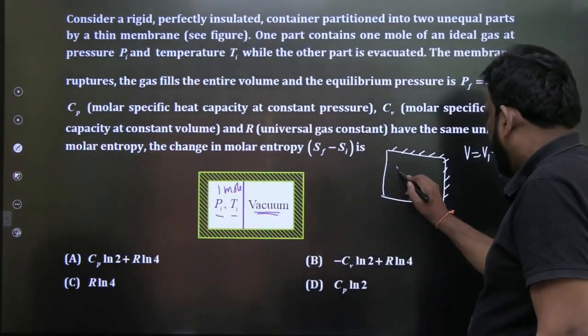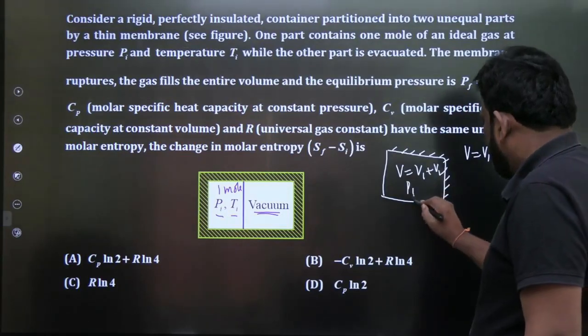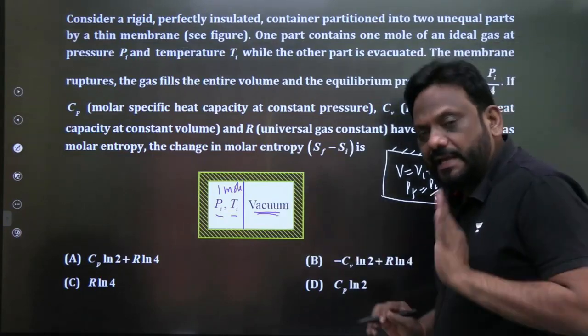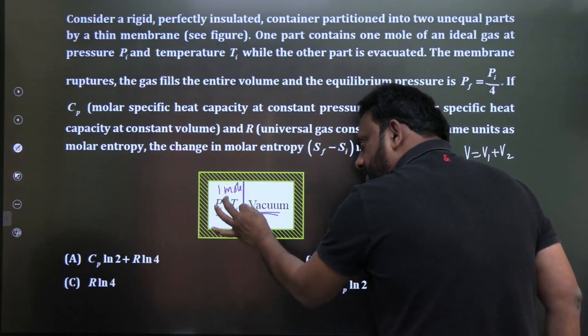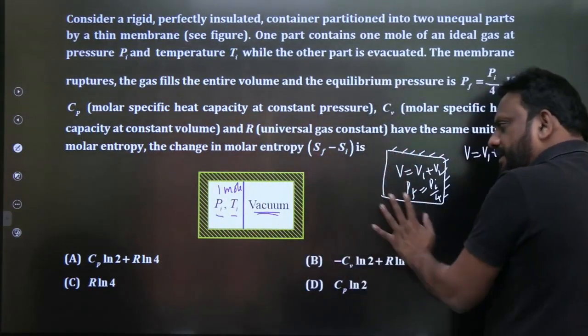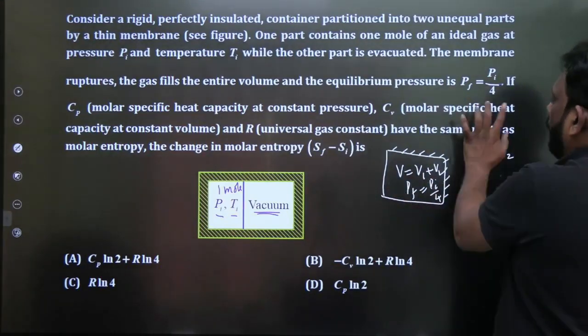So can I say the final volume is equal to V1 plus V2? Exactly. The final pressure is Pi by 4, the initial pressure is Pi. Initially, the gas was occupying only this volume. Now the gas is expanding completely, so it is occupying the entire volume of the container.